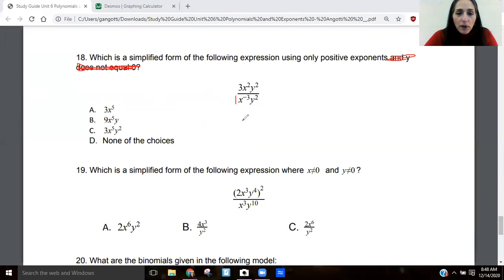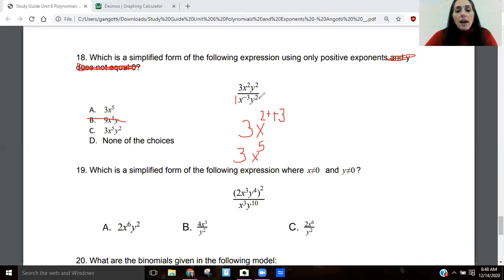Okay, so this 3 is not being divided by anything. It's like 3 divided by 1. So the answer is just going to have a 3. Therefore, it is not going to be 9. Yeah, it won't be choice B. And then x squared over x to the negative 3rd. You are subtracting those exponents because we are dividing. So that'll be 2 minus a negative 3. So that'll become x to the 5th.